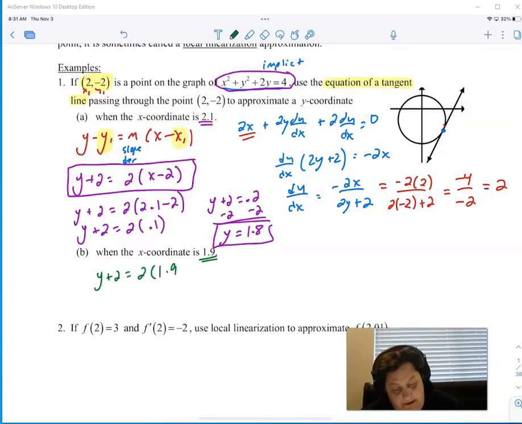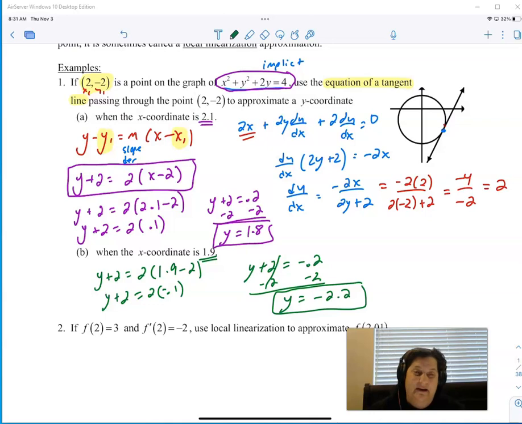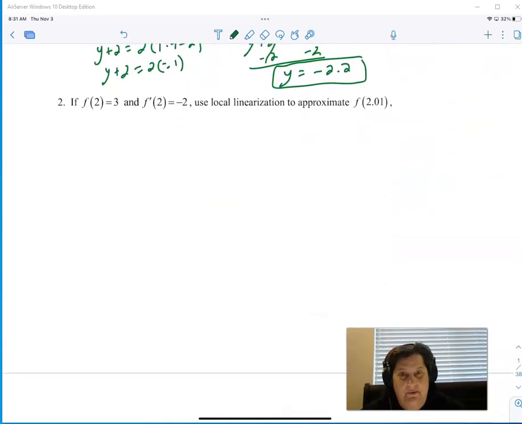So this is 1.9 minus 2, which is negative 0.1. So that's negative 0.2, and when I subtract 2 over, I get negative 2.2. Again, equation of tangent line, plug in the x. It's really not too bad.